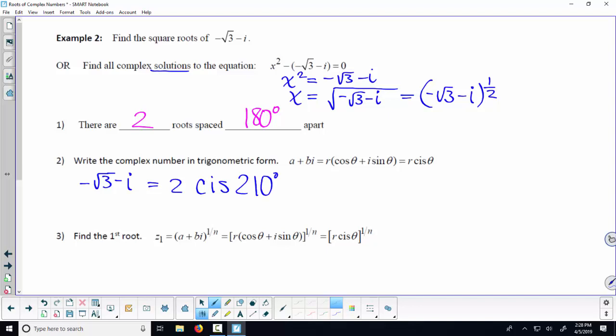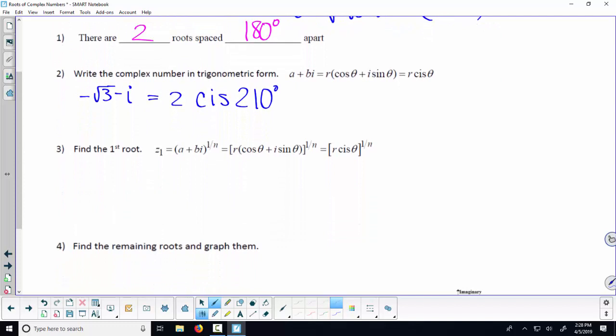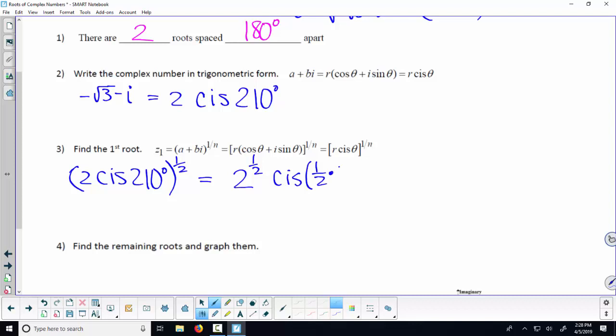I'm going to find the first root. So I'm going to take the 2 CIS 210, which is the equivalent for the standard form, to the 1/2 power. So we take the r value to the 1/2 power, and then according to de Moivre's, we multiply the angle by the power.